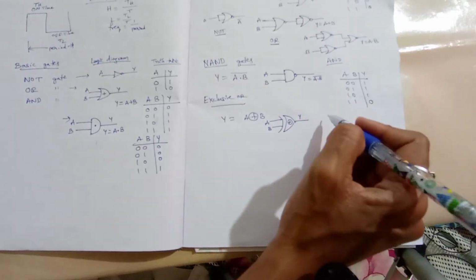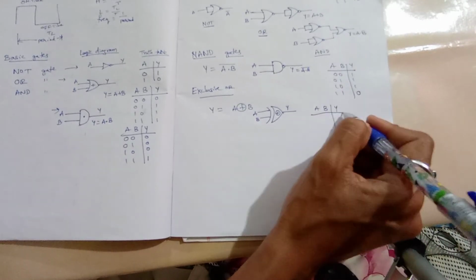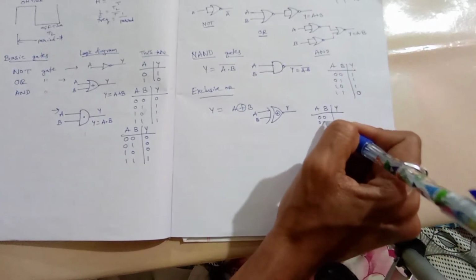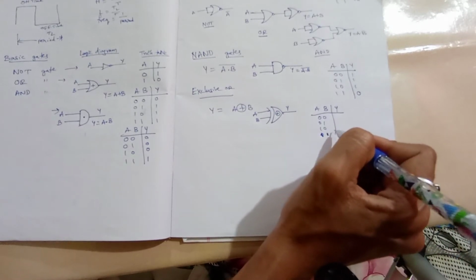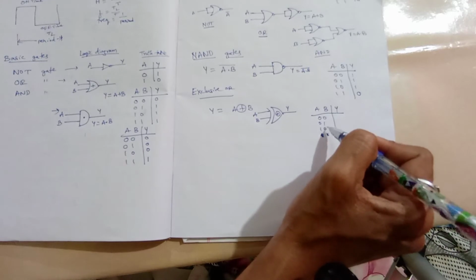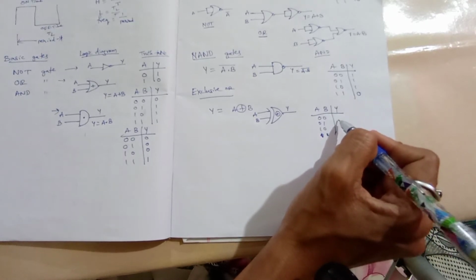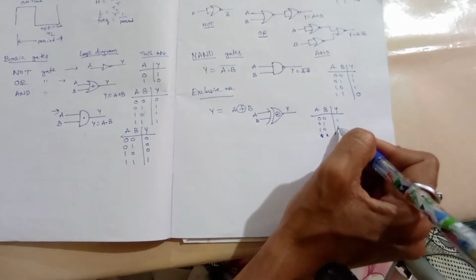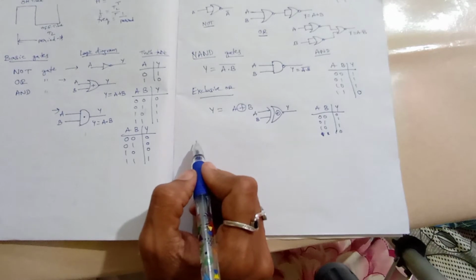Now we'll see the truth table. A, B, Y. Odd number of ones. See these two cases. Here we are having odd number of ones. So we'll get high output, and for remaining two cases we'll get low output.